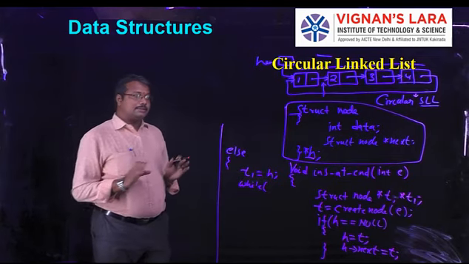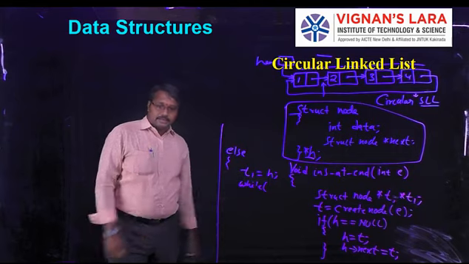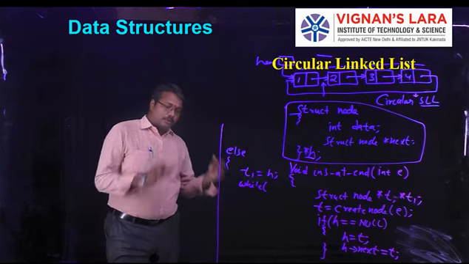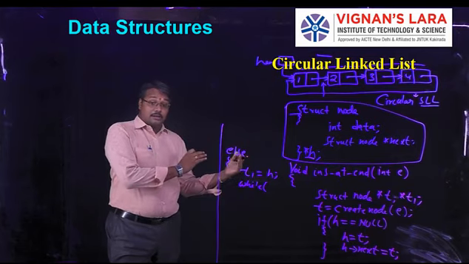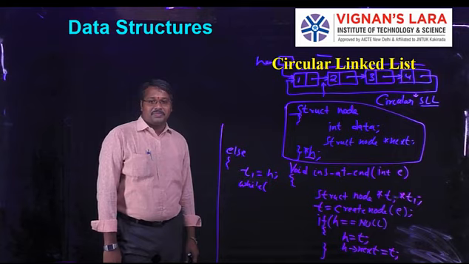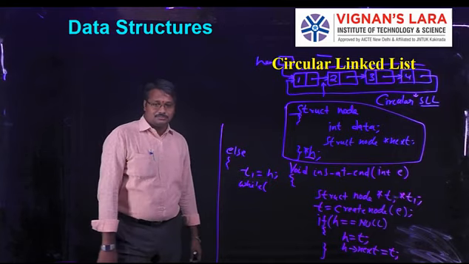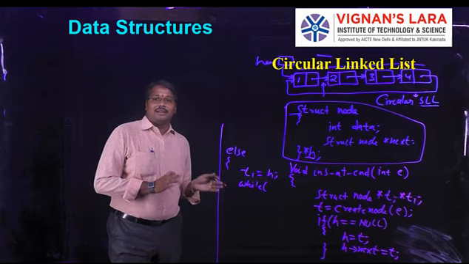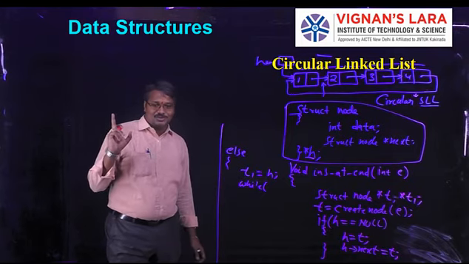Why? Because in the previous single linked list case, the node having next field null specifies the end of the list, which means it specifies the last node. But right now, the last node's next field consists of the starting node address only.